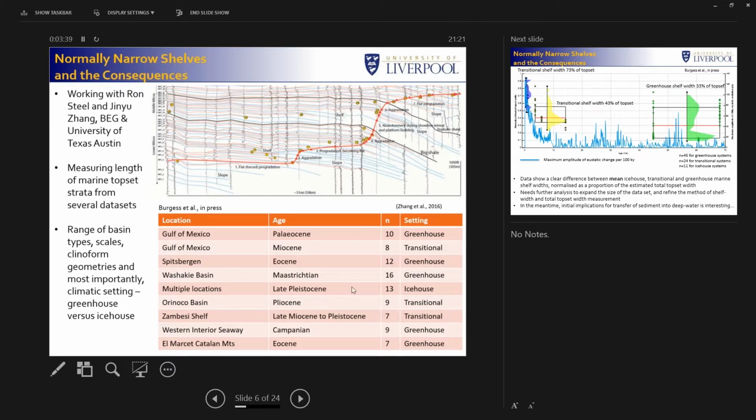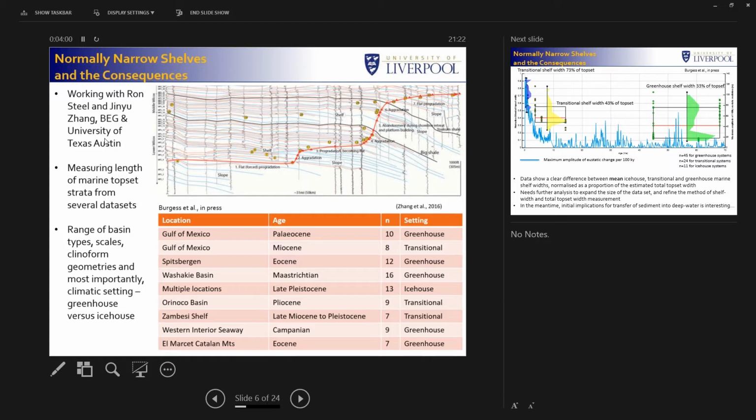Working with Ron Steele and Jinyu Zhang from BEG and University of Texas Austin, we've measured examples of these systems. Without going into lots of detail, we've got about 10 different systems and several clinoform measurements from each.